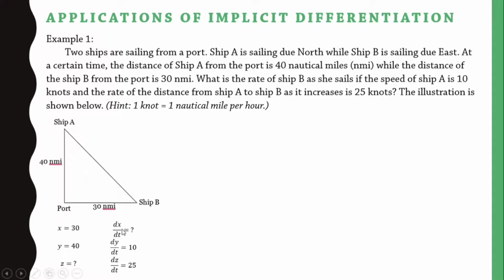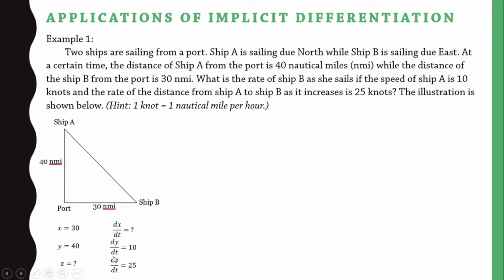We don't know dx over dt yet. y is 40 nautical miles because that is the vertical distance of ship A from the port.